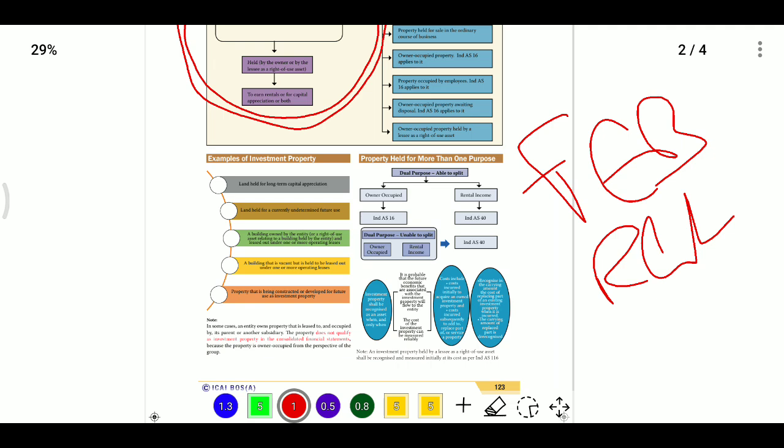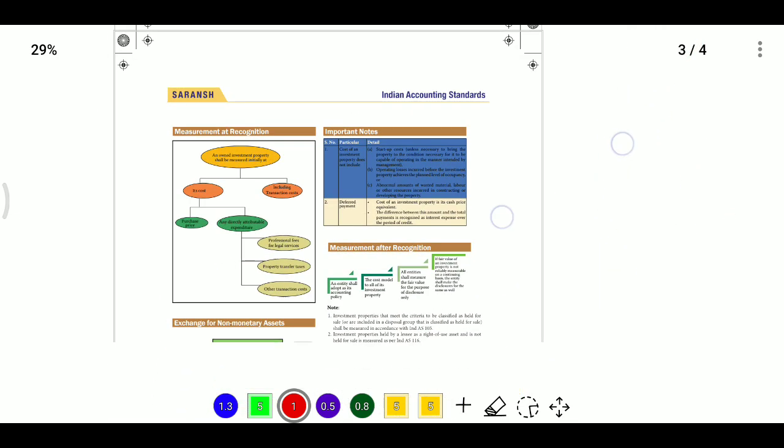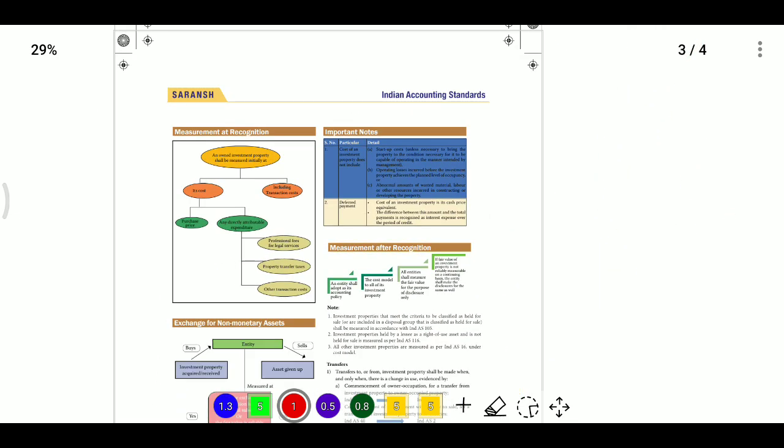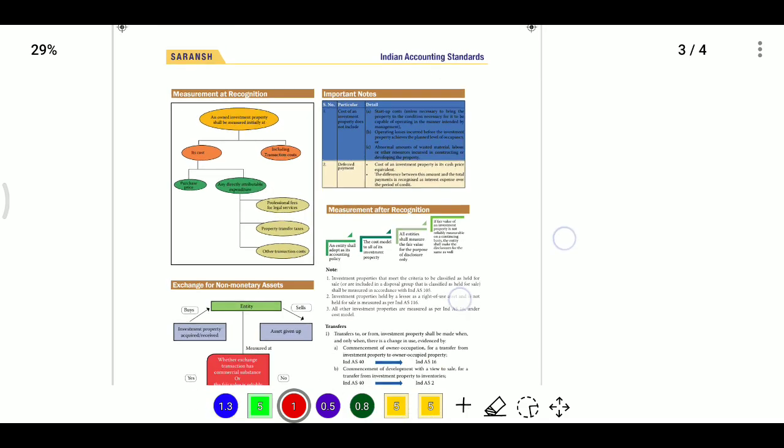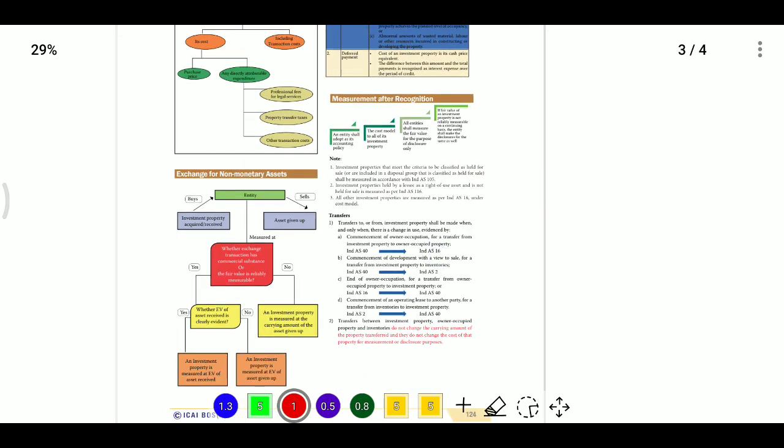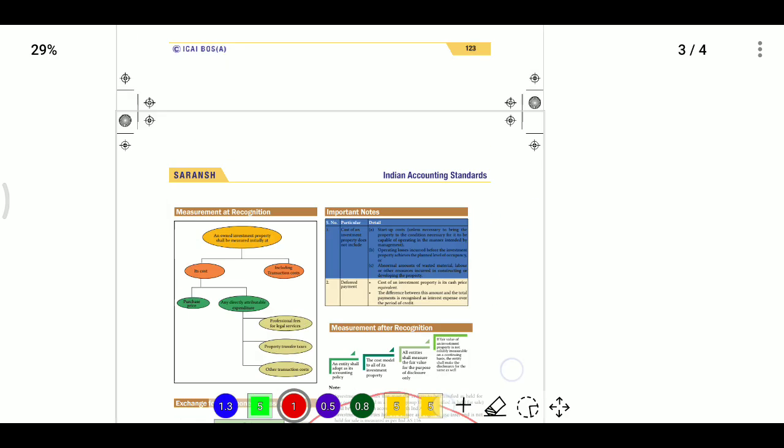The same as explained in Ind AS 16. Whatever cost we incurred will be included, and we calculate the amounts according to the accounting policy we are using.